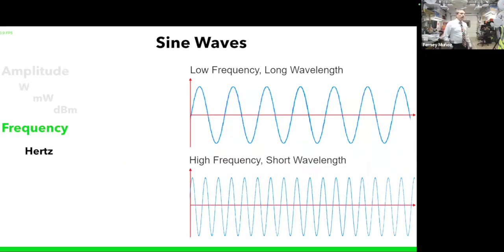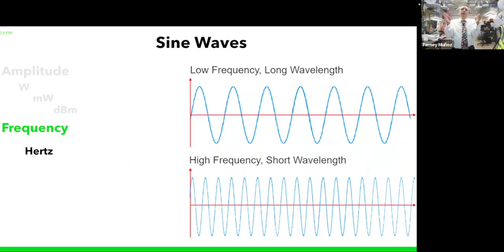Frequency is important, and we need to understand that because low frequencies have longer waves. Higher frequencies have shorter waves. Think about it. If you have one cycle in 1 second, then you have a wave that is bigger.